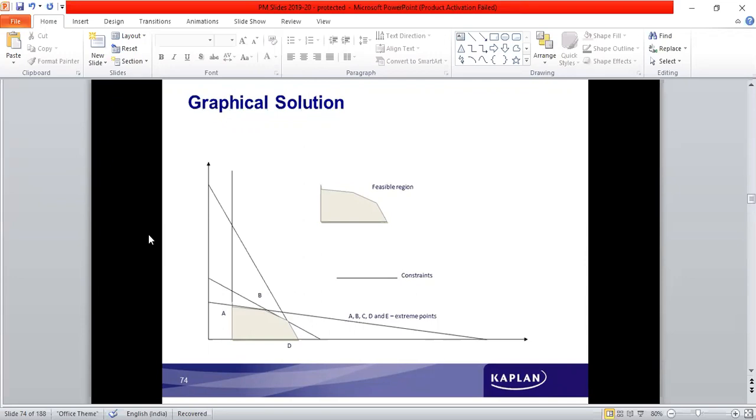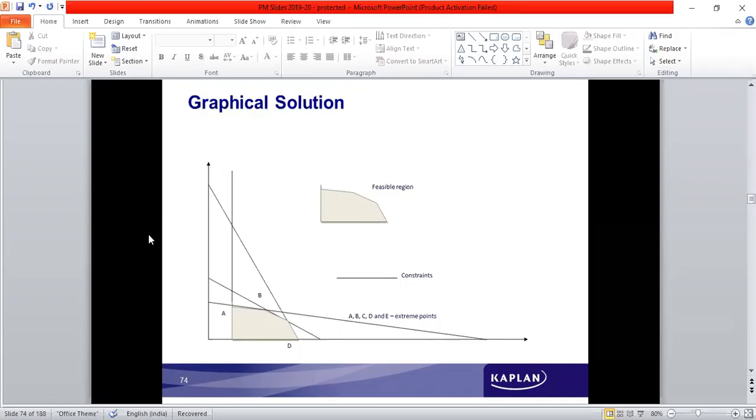The region which is covered by all the constraints is called the feasible region. For the feasible region, whatever the connecting points are, we substitute the connecting points in the objective to arrive at the optimal solution. The objective could be to maximize or minimize.